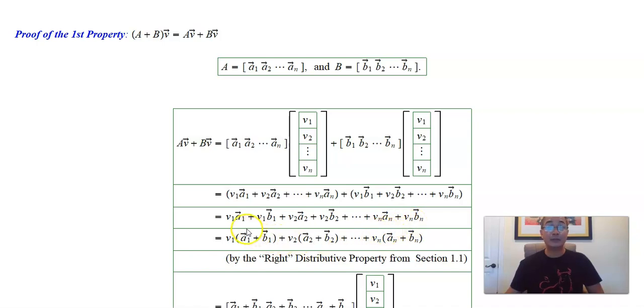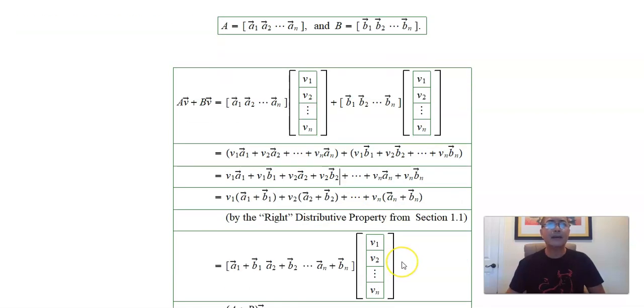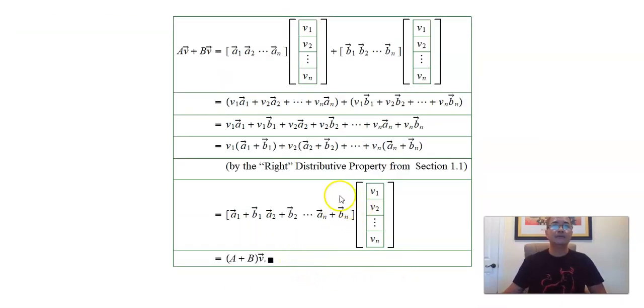And then we have the distributive property, or additivity, for vector addition over scalar multiplication. So the first pair can be written as the quantity A1 plus B1 times V1, and the same thing for the second pair, and so on. Okay, but now it's time to scroll down. We can think of this long product as a matrix product, okay?